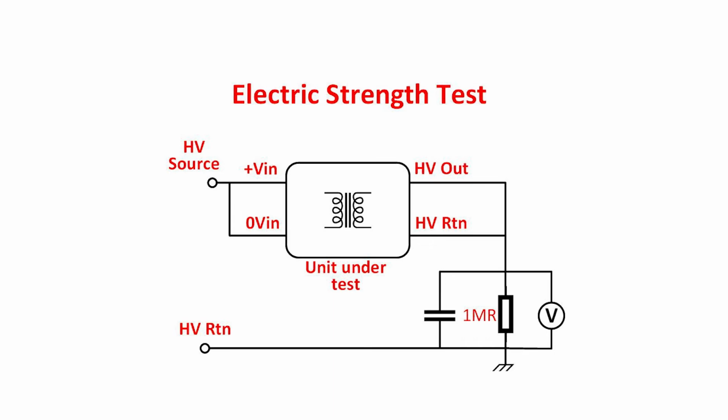Point 1. Connect the supply and the return pins of your input together. 2. Connect the output and the return pins of your high voltage output together. 3. Add a leakage detector, either a known high resistance with a voltmeter or a current meter with a low nanoamp range. 4.